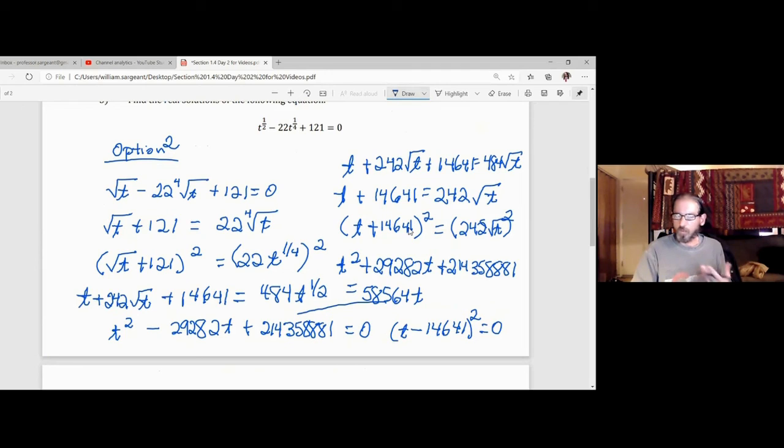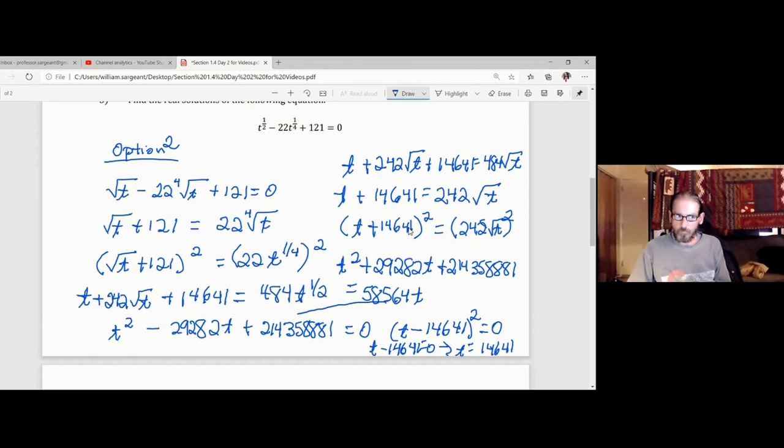You're only dealing with one thing because plus or minus square root of 0 is just a single thing, 0. And we're getting the same answer of 14,641.